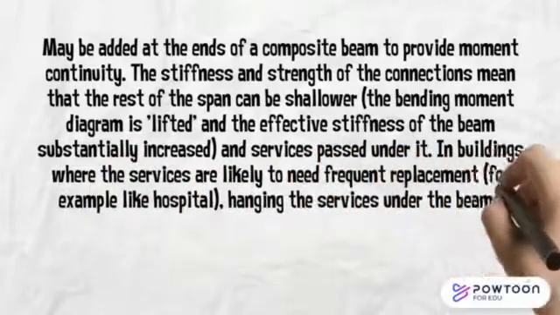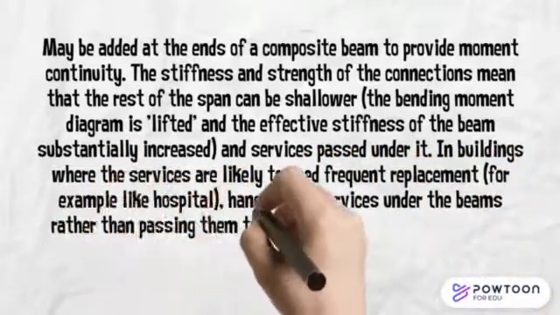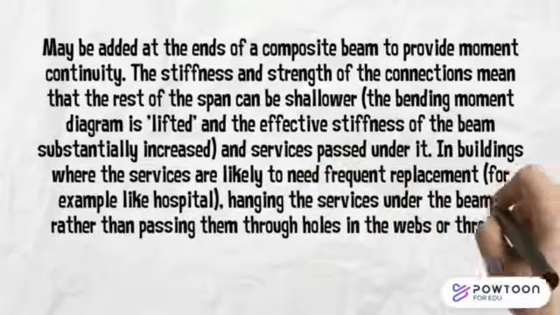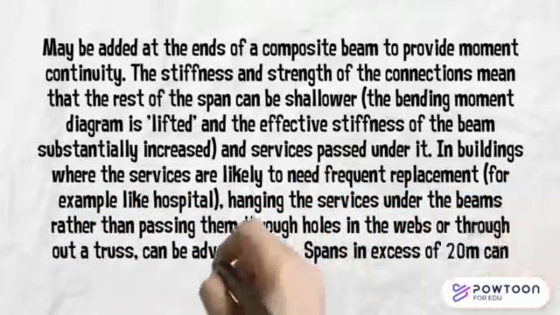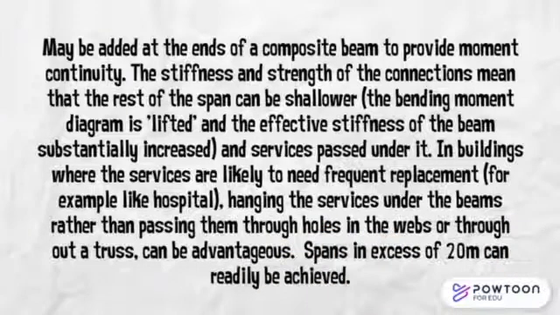In buildings where the services are likely to need frequent replacement, for example hospitals, hanging the services under the beams rather than passing them through holes in the web or through the truss can be advantageous. Spans in excess of 20 meters can readily be achieved.